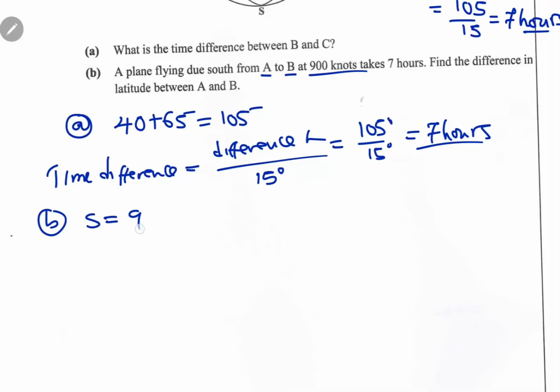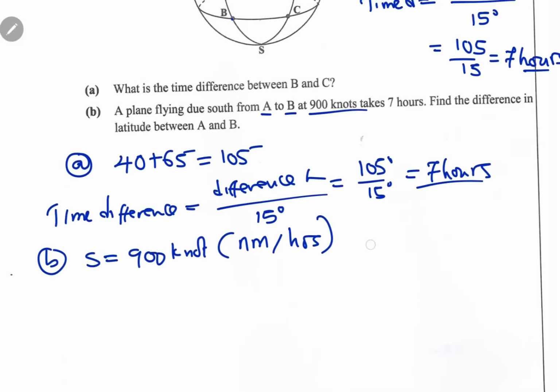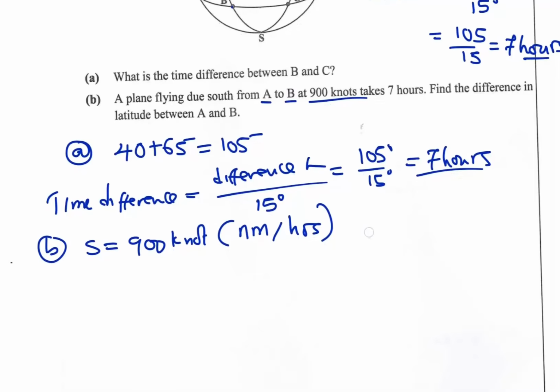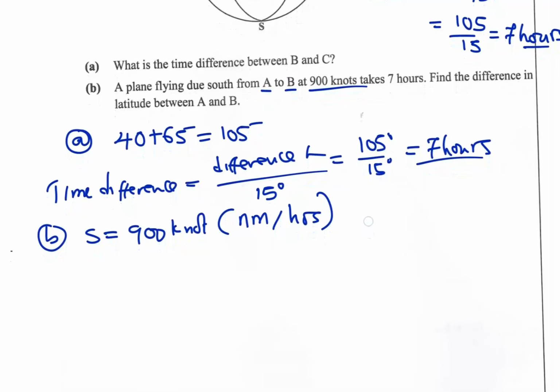When the speed is in knots, just know that the distance was in nautical miles, and of course time was in hours, divided to give knots. Take 7 hours. Find the difference in latitude between A and B.